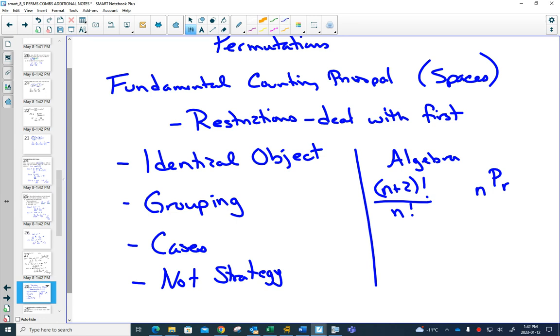Sometimes it's easier to count what shouldn't happen rather than what should happen, and you can subtract that from the total. So the not strategy was count them all, subtract the bad ones. I think there's one question in there that has grouping, not strategy, restrictions, all built into one. So they can get complicated.